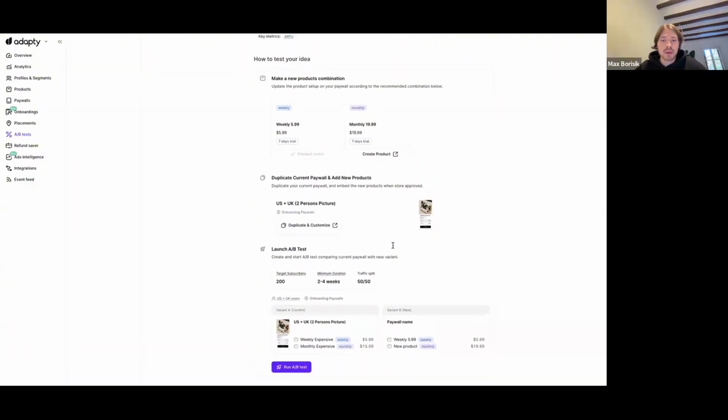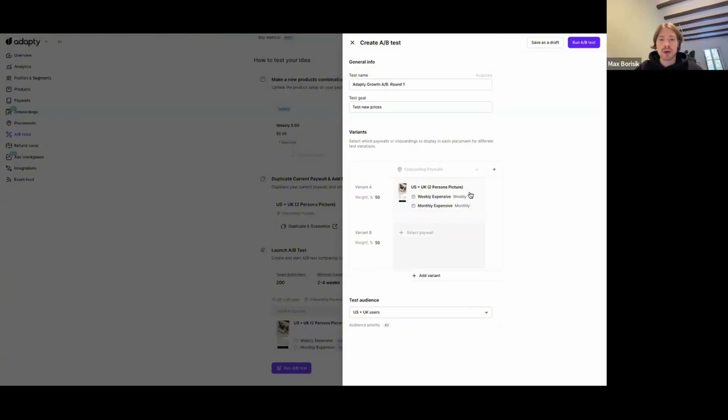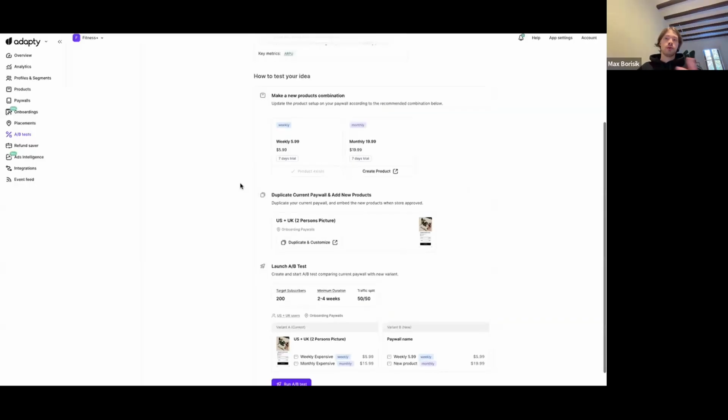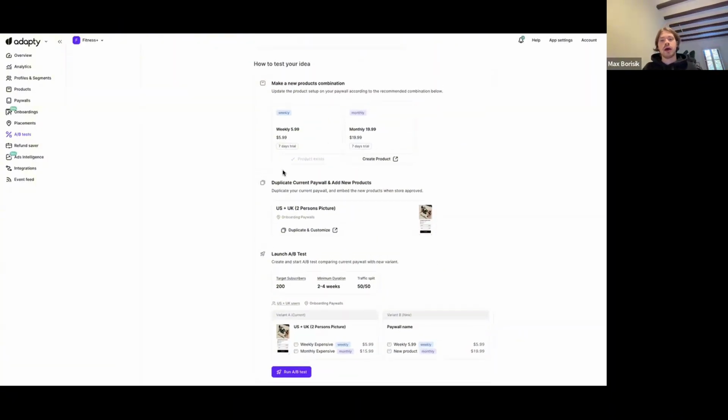Then you just launch an A/B test with your existing paywall and the new paywall we've just duplicated and added a new product to. You can run A/B tests straight from here. So you just choose the new paywall you've created and you run the A/B test. So you got the hypothesis, the idea, you create a product, you create the paywall, and you run the A/B test. Three simple steps to make your life in terms of experimentation easier and faster.